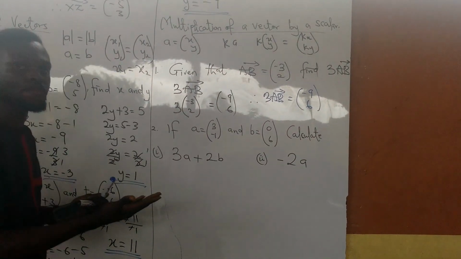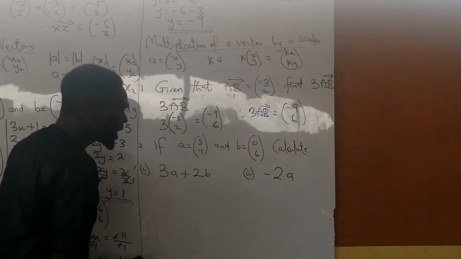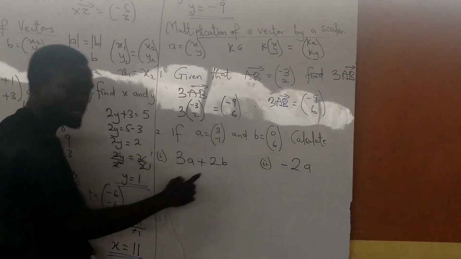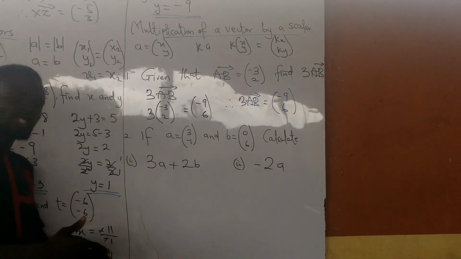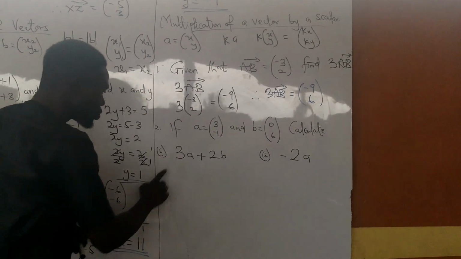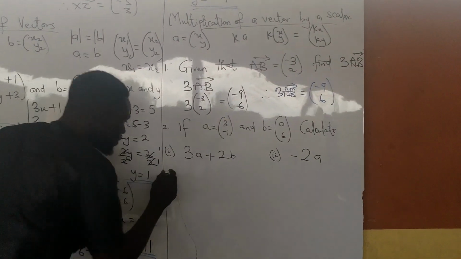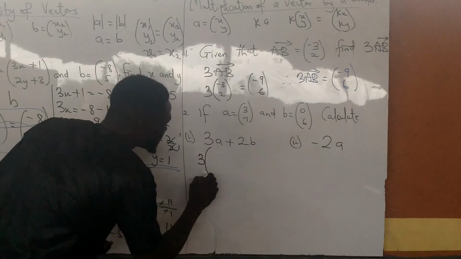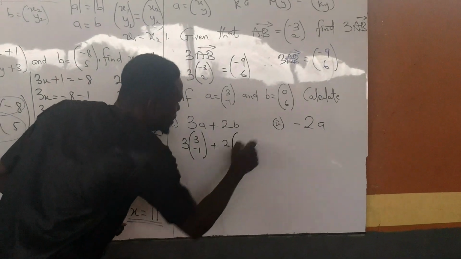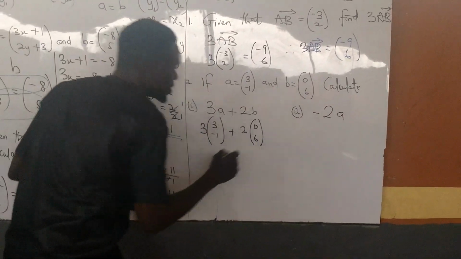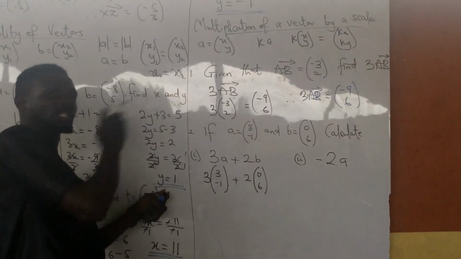Then we have here, given that a is this, b is this, calculate 3a plus 2b. This is like addition of vectors with a scalar. So first deal with the multiplication, then you add. So a is 3, negative 1, and we have a scalar of 3. So we are going to say 3 with the vector a, 3, negative 1, plus 2 with the vector b, b is 0, 6. So each of the components in the vector will be multiplied by the scalar.